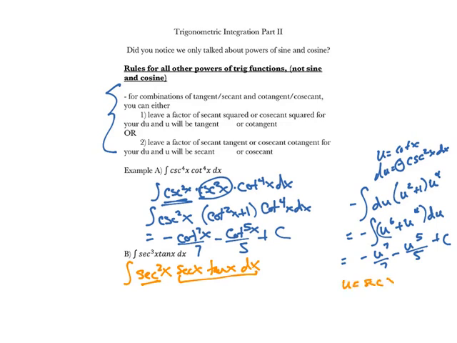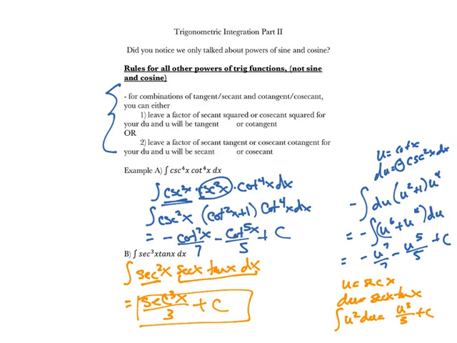So if u is secant x, du would be secant x tangent x. So my problem simply becomes u squared du, and the integral of that is u cubed over 3 plus c. Don't forget to go back and put it in terms of the correct trig function, which in this case is secant. So we'd have secant cubed x over 3 plus c.